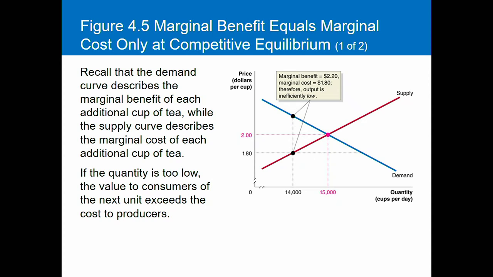Trace that up to the supply curve. The marginal cost there is only $1.80, so less than the equilibrium price. But the marginal benefit to consumers for that 14,000th cup is going to be $2.20. So the marginal benefit is going to be higher than the marginal cost. We have a bunch of consumers that can make themselves better off if they engage in this trade, and firms that would make themselves better off.